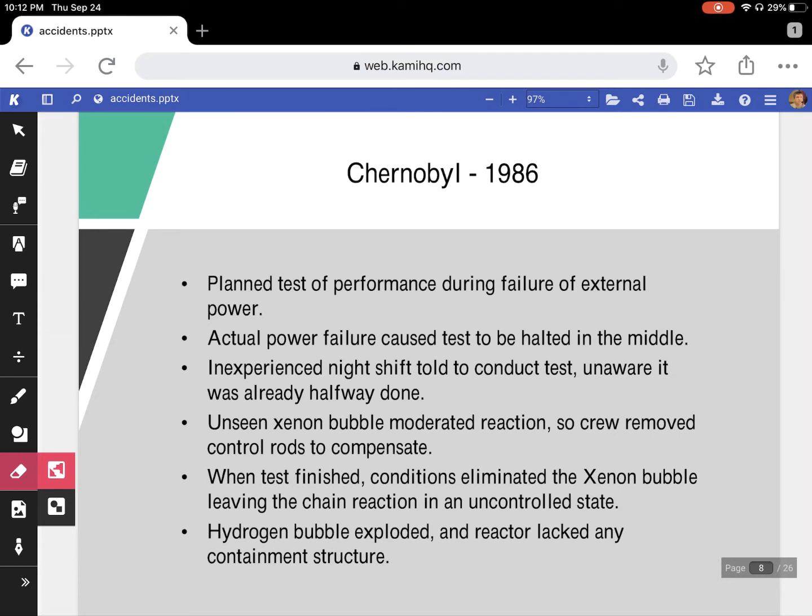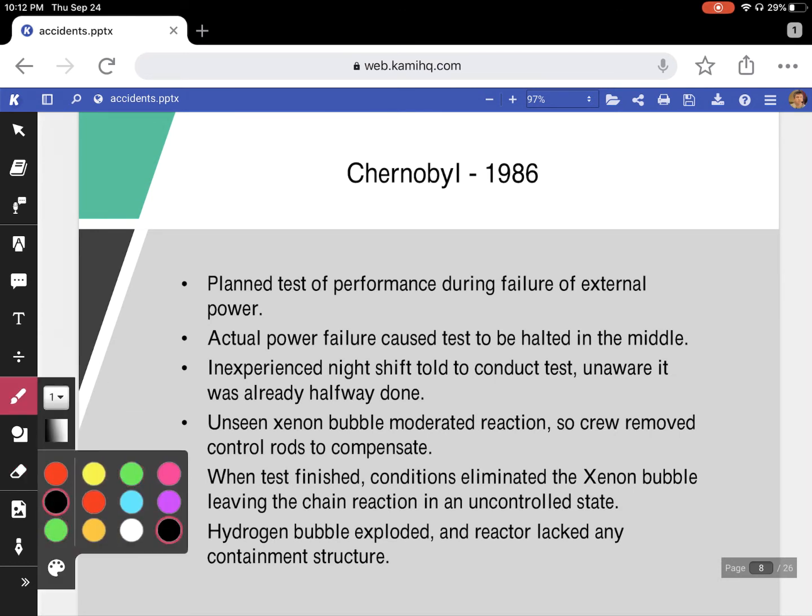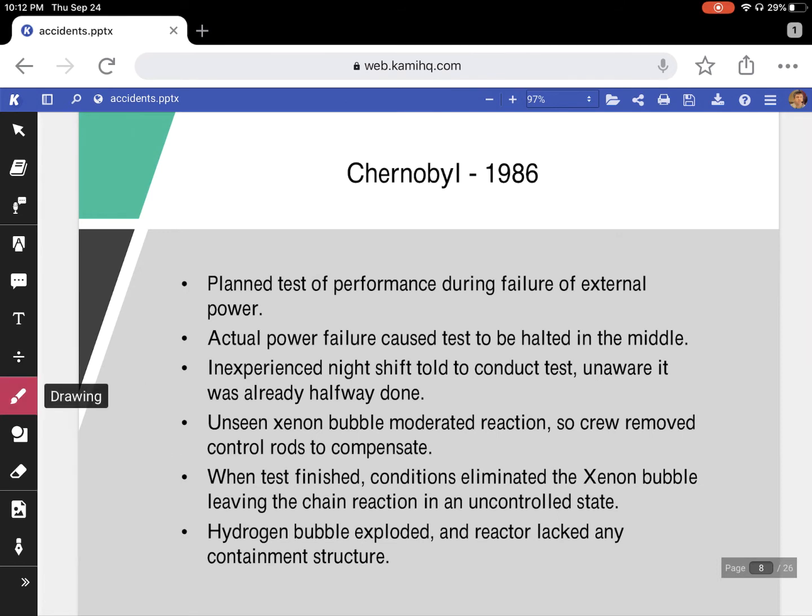The test was passed off to the inexperienced night shift, whose job usually was simply to make sure nothing bad happened. But now the day crew said, hey, night shift, go ahead and finish the test. And so they didn't realize that this 100-step procedure had been stopped on step 50 and they needed to restart from that point. No, they went back and started on step 1.